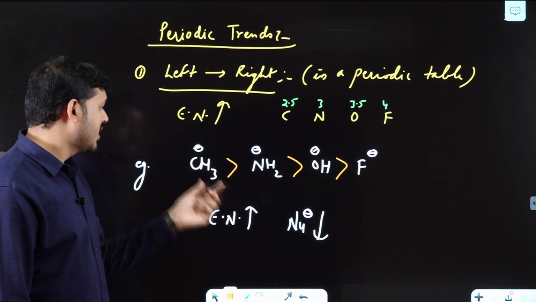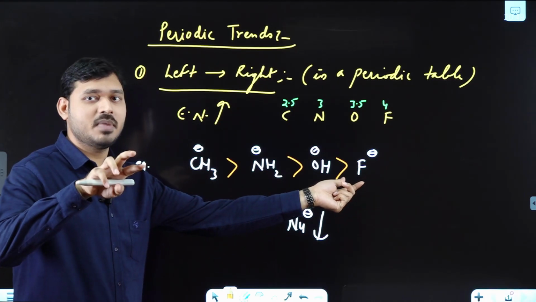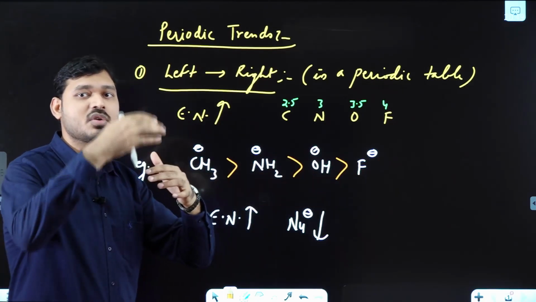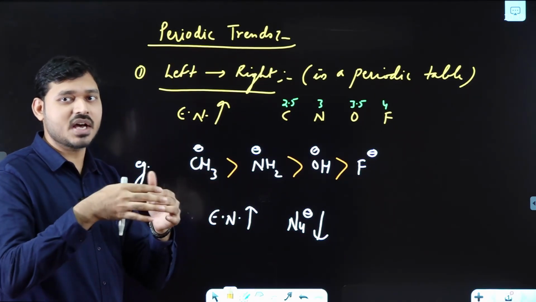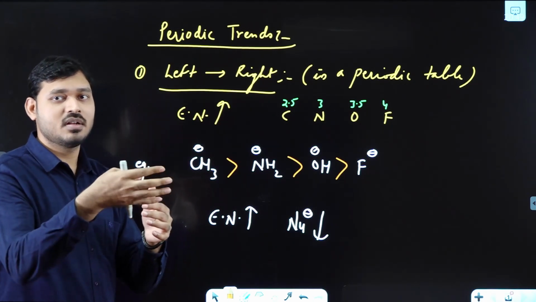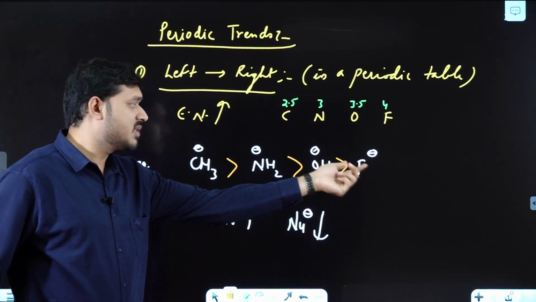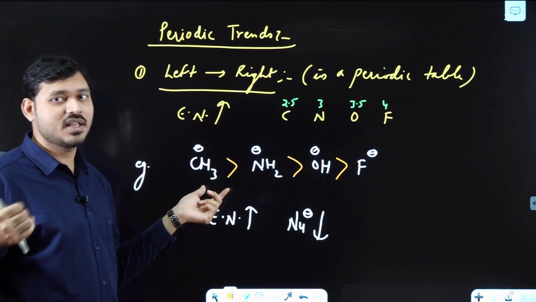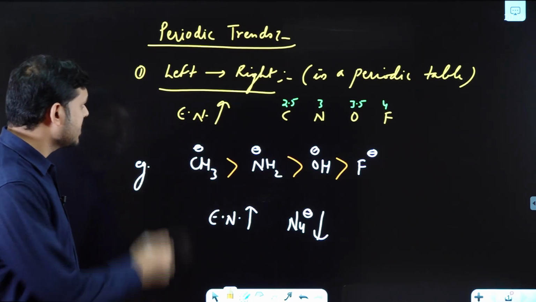Simply you can understand, out of these F minus is most stable, so it will be least reactive. This is most stable because a negative charge on a more electronegative element is better. Negative charge on a more electronegative element will be more stable than negative charge on a less electronegative element. Clear? So F minus is more stable than CH3 minus. So CH3 minus is more reactive. It will donate earlier than F minus to what? To any electrophile. Okay, so this is the first case.